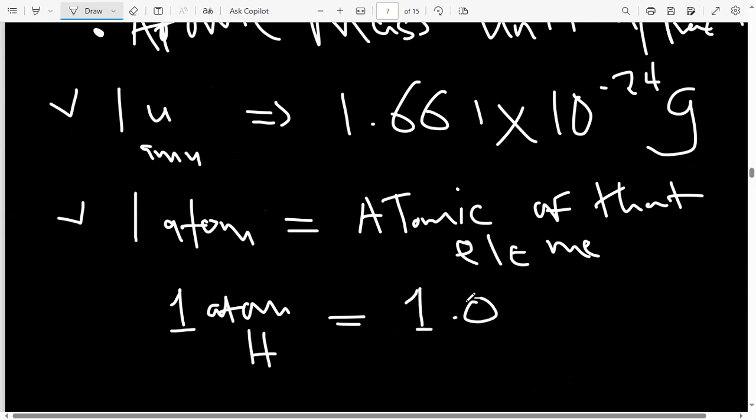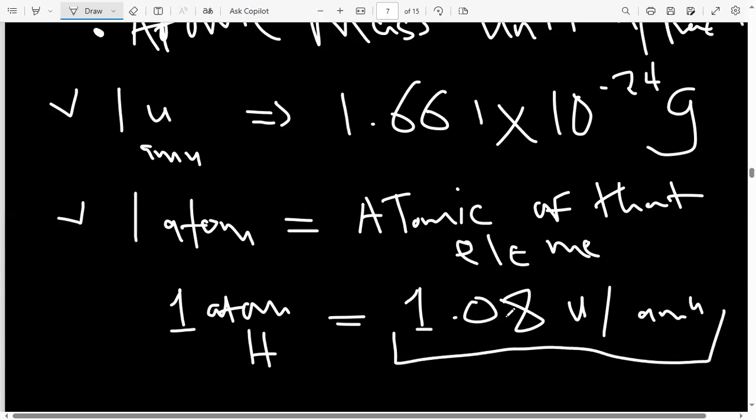So units like that, or you can say atomic mass units. So one atom has a mass that is equal to its atomic mass, okay? And where do you find this atomic mass? You find it on the periodic table, okay?